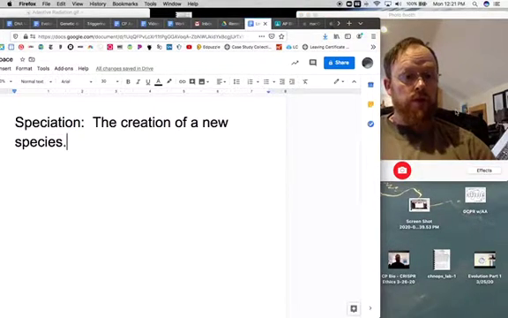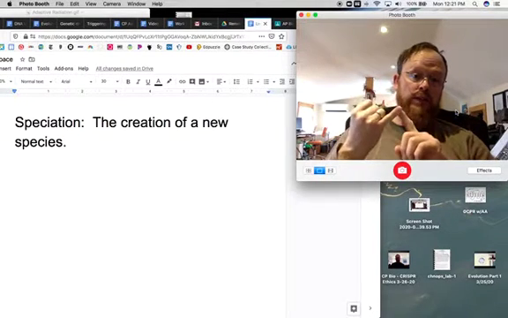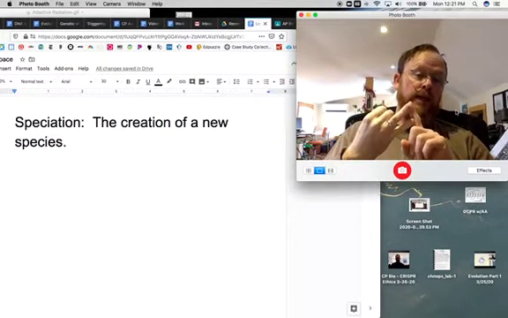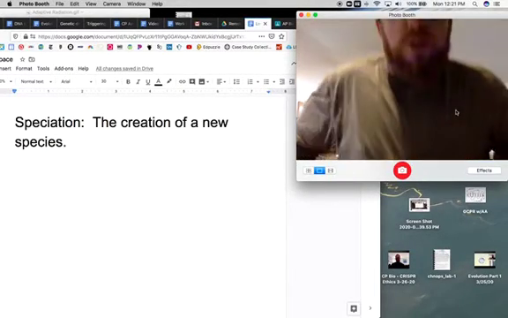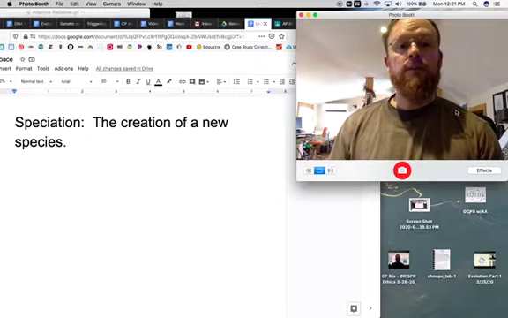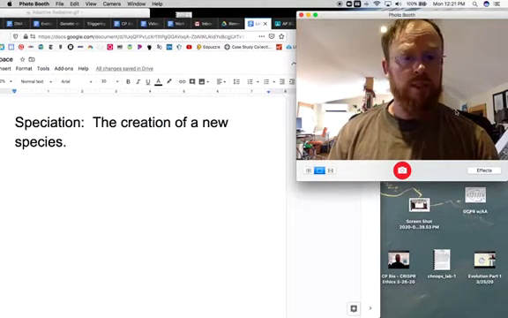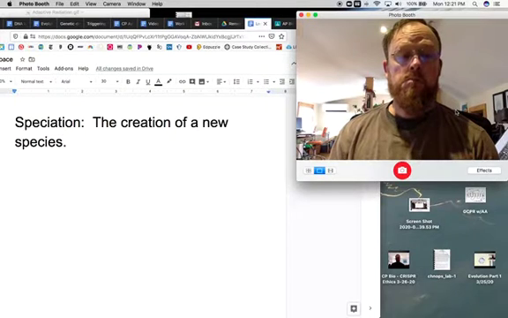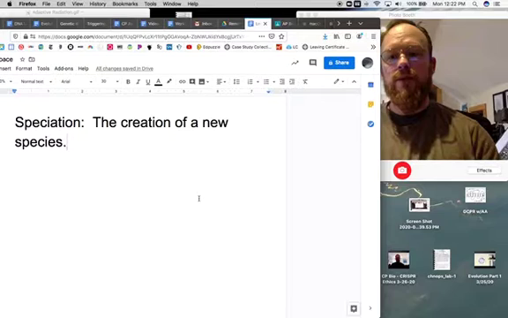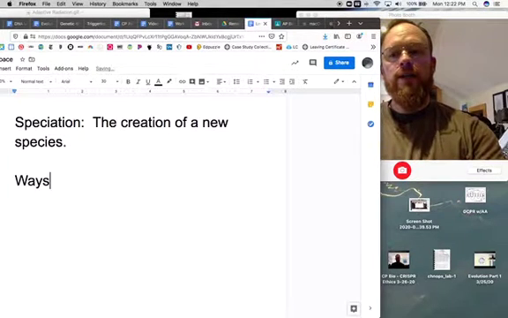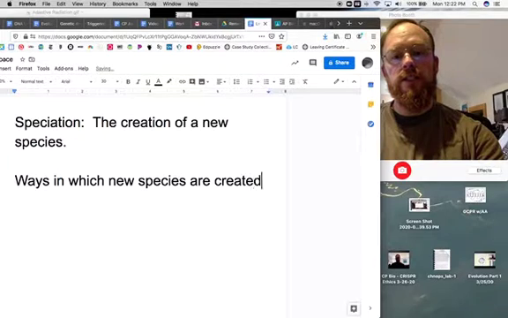Okay, one of those curve change types, meaning directional selection, diversifying selection, or stabilizing selection, is the one that leads to speciation, or the creation of new species, potentially. Which one would that be? That's right, diversifying selection.